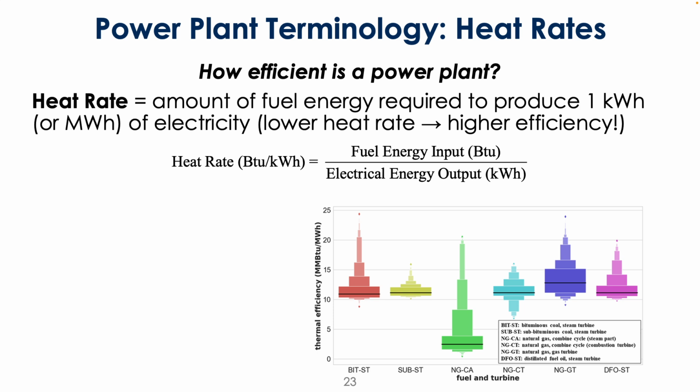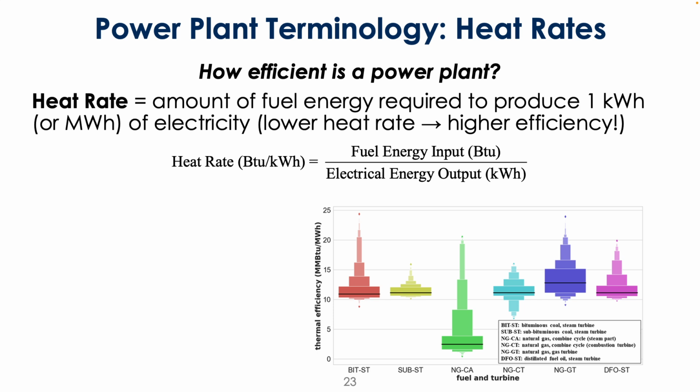For a heat rate, is it better or worse to be larger? It's worse to be larger. If you want a lower heat rate, you want fewer BTUs to generate more kilowatt hours.